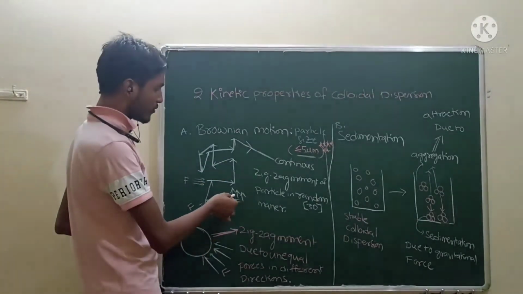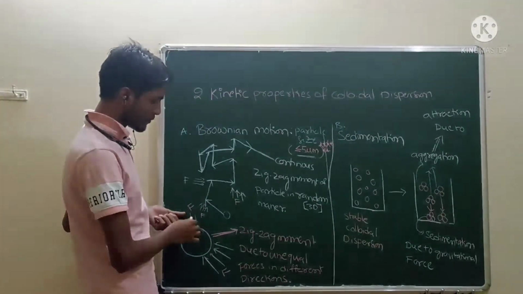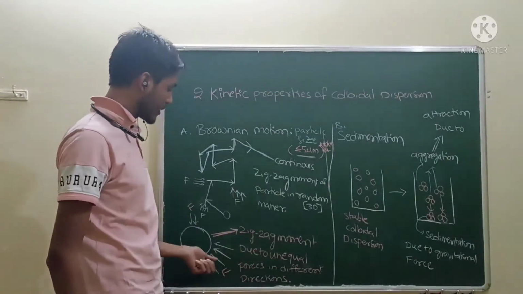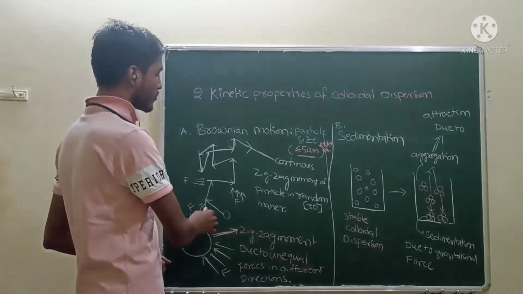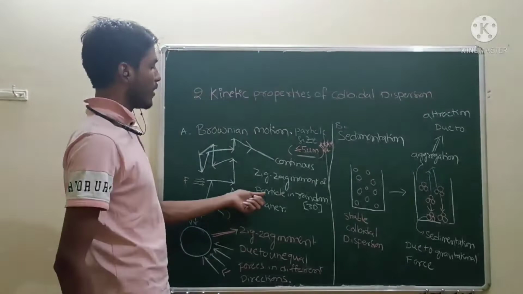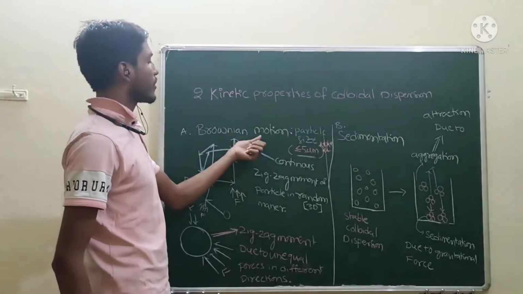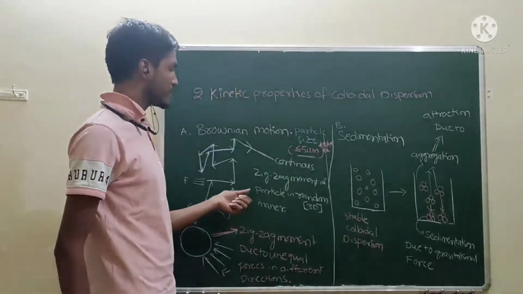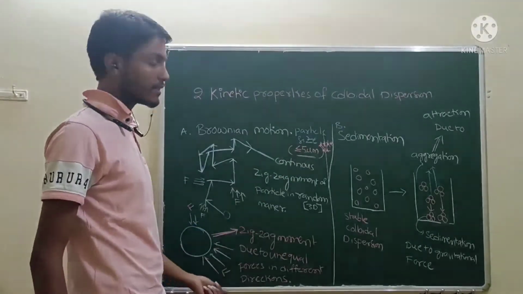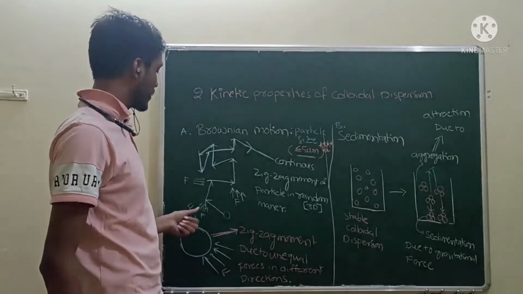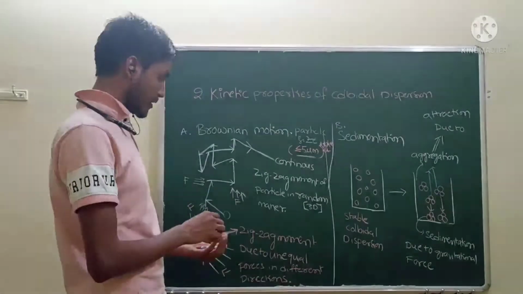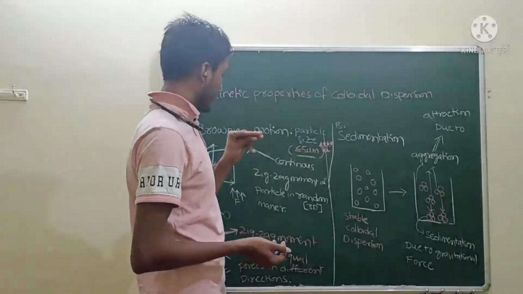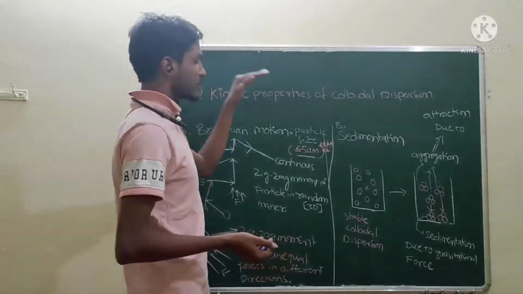See, unequal forces means upside less force, from this side more force. The unequal forces in different directions lead to the zigzag movement of a Brownian particle of size 5 micrometer. Unequal forces lead to the zigzag movement, and the particle always moves continuously.